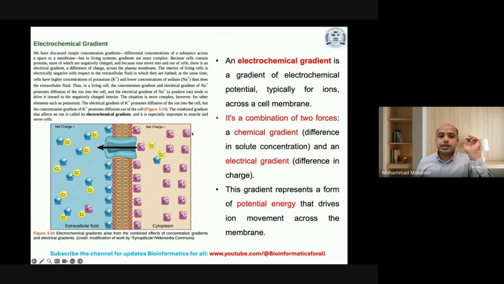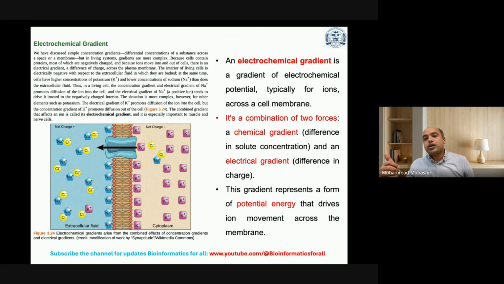As you can see here in the figure, without going for some definition, you could understand there are some positive and negative ions, like cations and anions. And here, the word electrochemical gradient is used, that is a gradient of electrochemical potential, typically for ions, across the membrane.